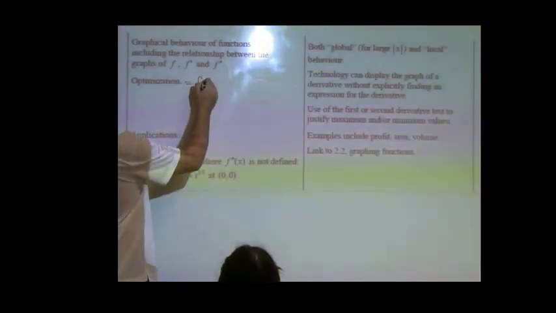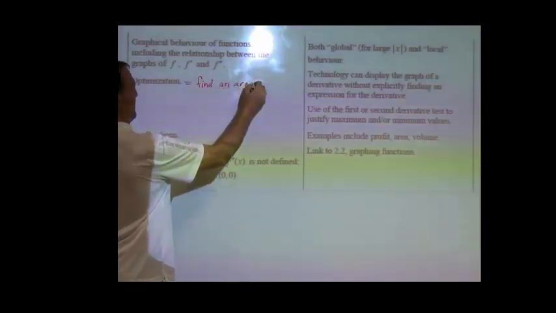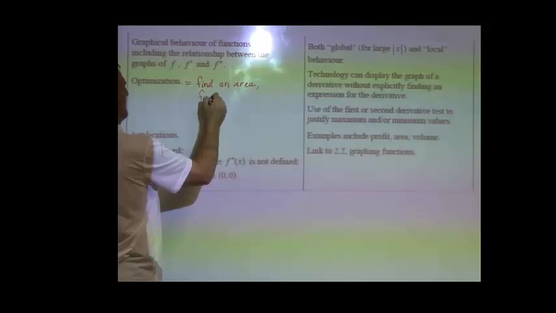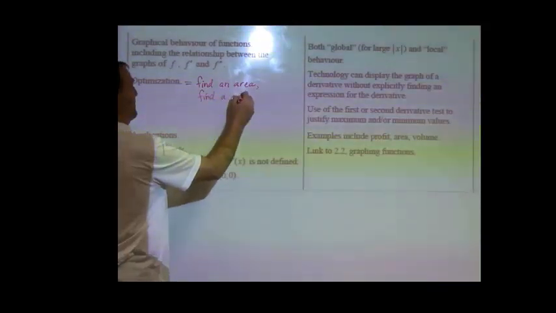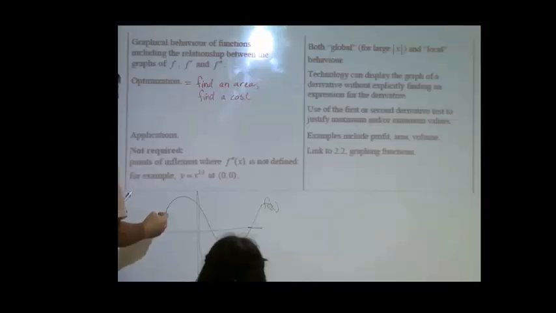Optimization is going to be something like finding an area or finding a cost where it costs the least, costs the most, gives you the most area, gives you the least area. That's what optimization means here. And so you're obviously looking for a maximum or minimum value.